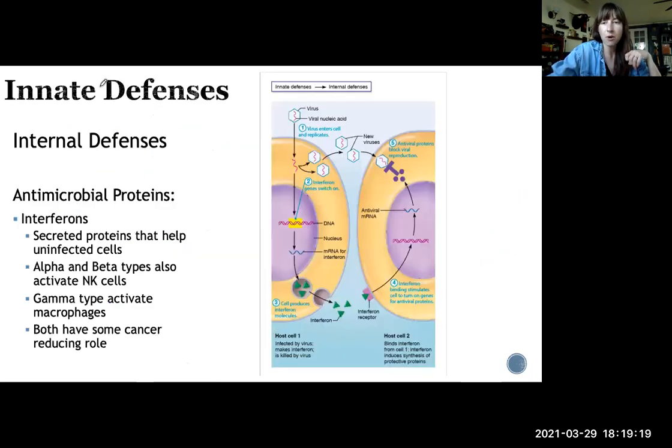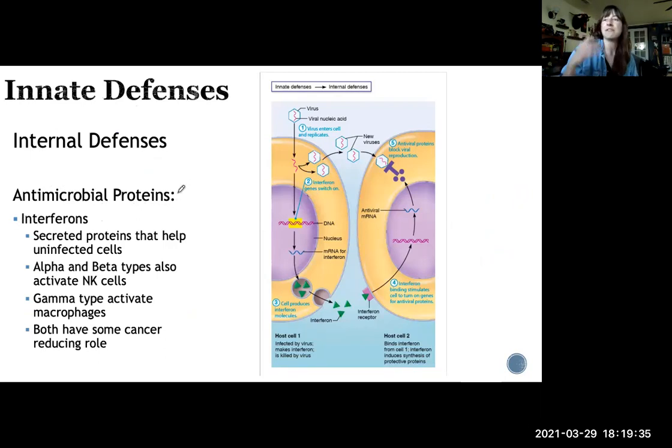All right, more of your innate defenses. Aside from inflammation, which is very generalized and occurs with any injury, you also have what are called antimicrobial proteins, specifically interferons, okay?